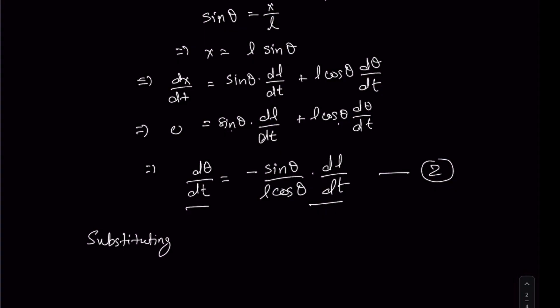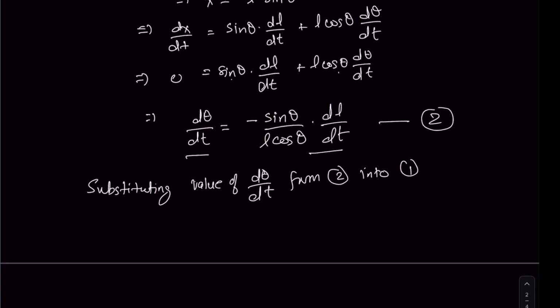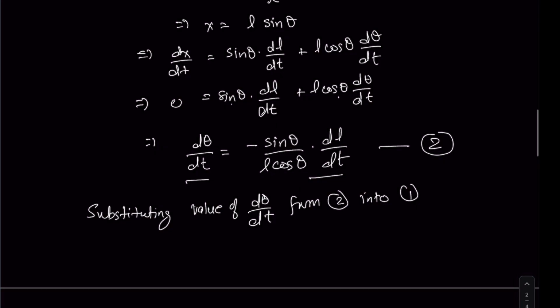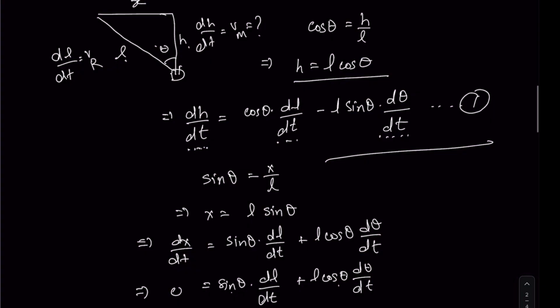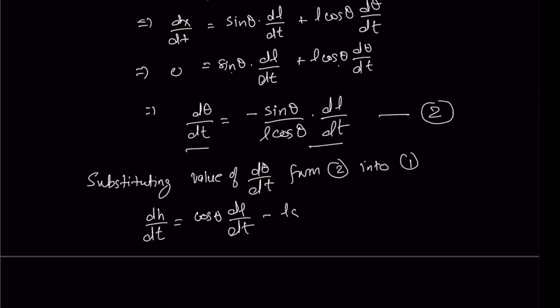Substituting the value of d theta over dt from 2 into 1, we get dh over dt equals cos theta dL over dt minus L sin theta, and then d theta over dt is minus sin theta over L cos theta dL over dt.